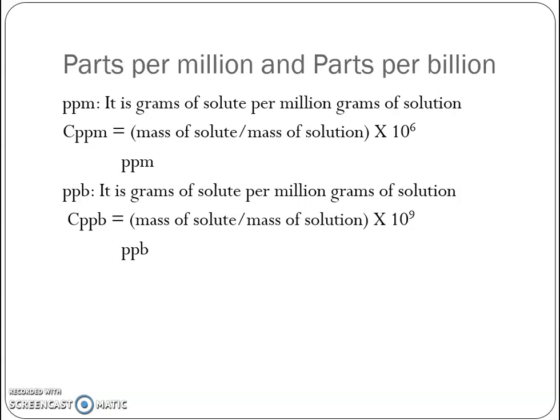So for million, 10 raised to 6. ppb is grams of solute per billion grams of solution. So it is mass of solute divided by mass of solution into 10 raised to 9. It is billion, so it will be 10 raised to power 9.